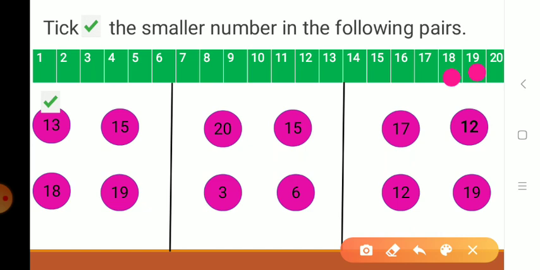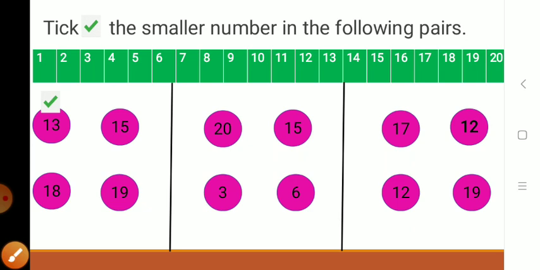So you can clearly see that 18 comes before the 19, so 18 is smaller than 19. Take the smaller number, so tick on the 18. You have to write answers in your textbook.